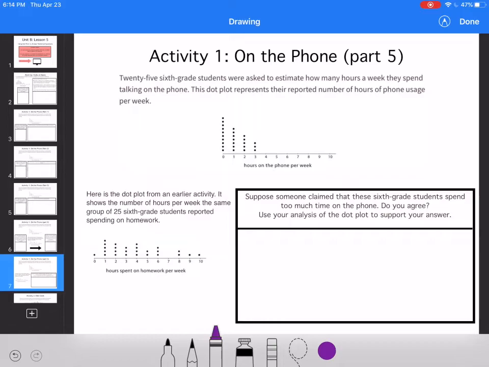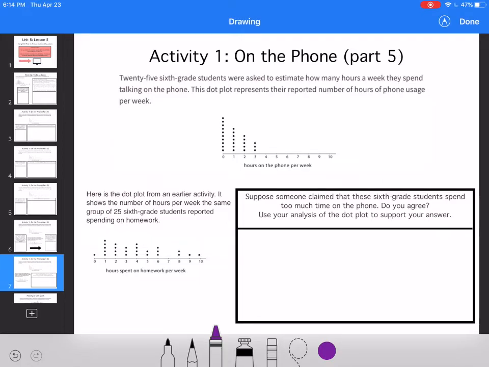So then I'm looking at that same information. We're still on the phone. Suppose someone claimed that these 6th grade students spend too much time on the phone. Do you agree? Use an analysis of the dot plot to support your answer. Well, to me, I would say no, because in a week, you've got 24 times 7 hours.